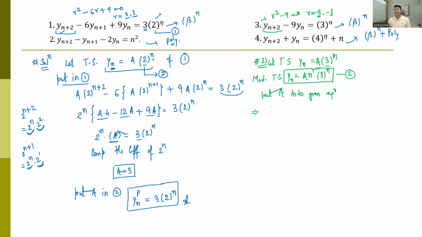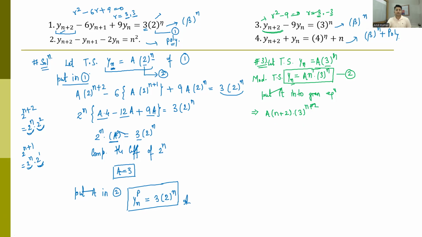So putting it in the given equation, the first term is yn plus 2. This is your yn. So in place of n, put n plus 2. So the first term will be a into, in place of n, we are supposed to put n plus 2, into 3 to the power n plus 2.